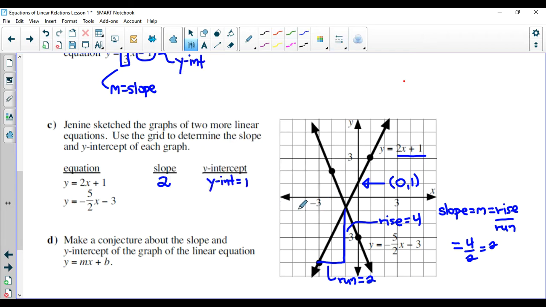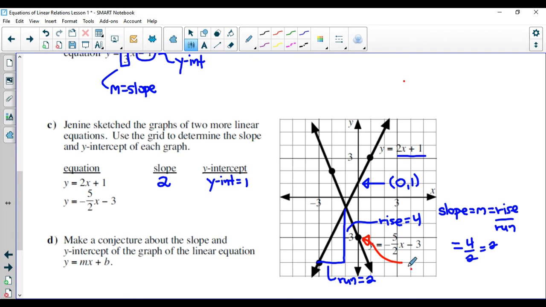The y-intercept on this graph, which is -5 over 2 x minus 3, is where it hits the y-axis. So here, that's my y-intercept.